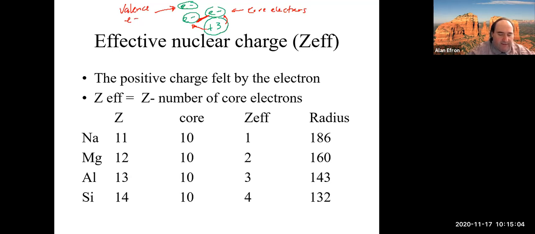And as you may know, the strength of attraction between something positive and negative grows with increasing charge. So something that's +3 and -3 has a much stronger attraction than something that is +1 and -1. They're both attracted to each other, but the way they're held together is a lot stronger as the charge increases.